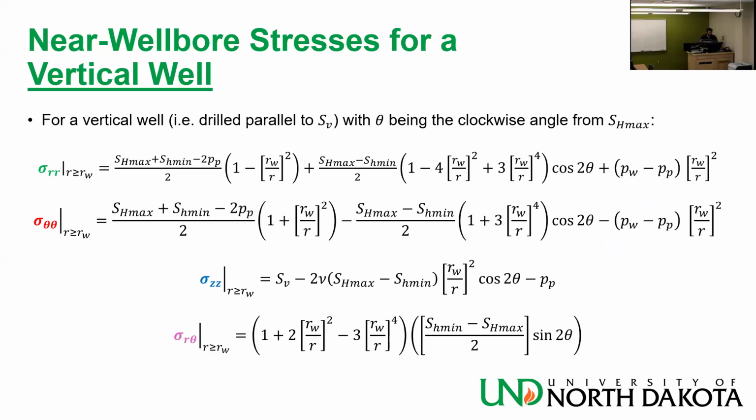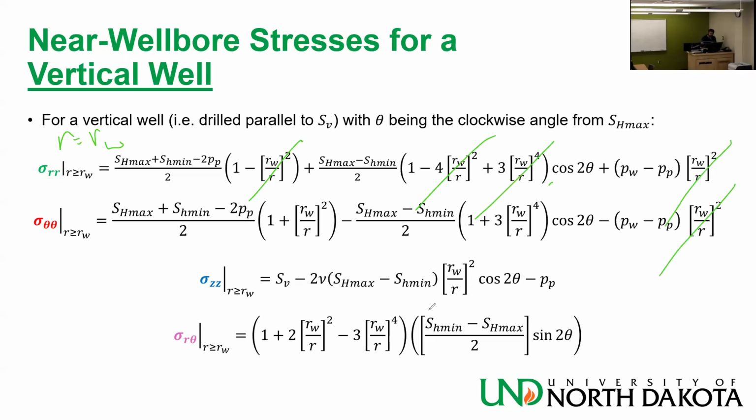axial, and shear. Now take this equation and tell me, what if I said r equals rw, which means I'm on the wellbore radius. Okay, this becomes 1, this becomes 1, this becomes 1. This becomes 1.